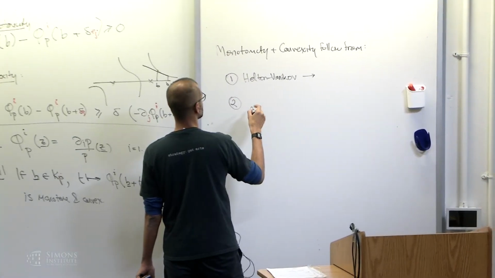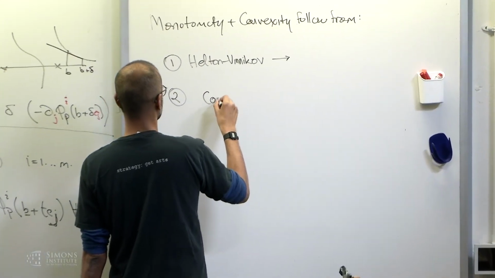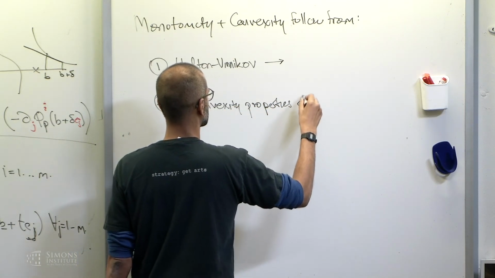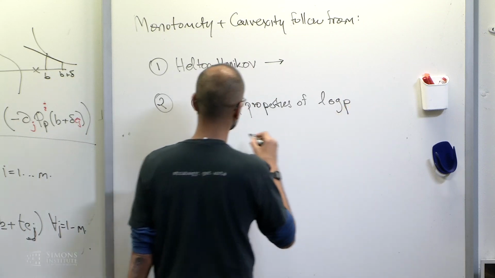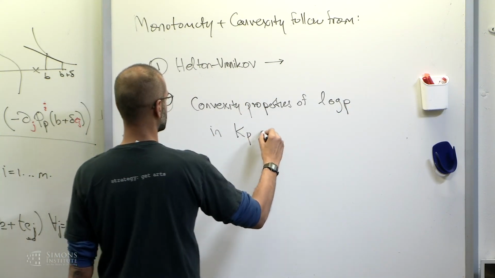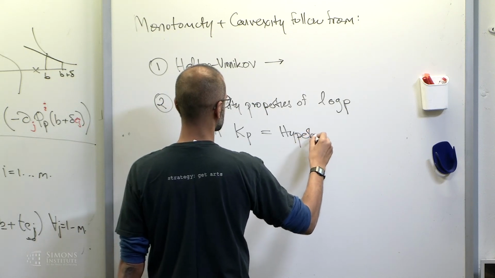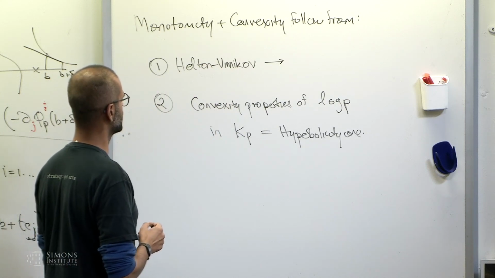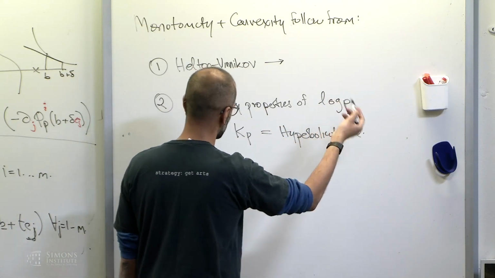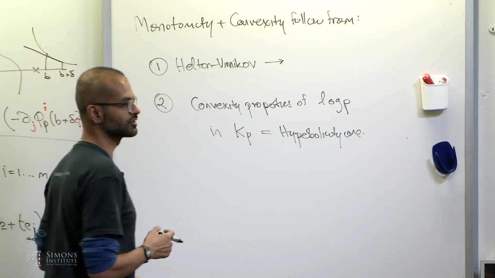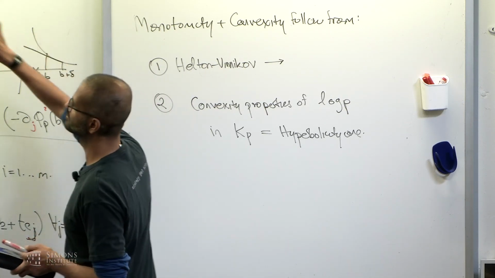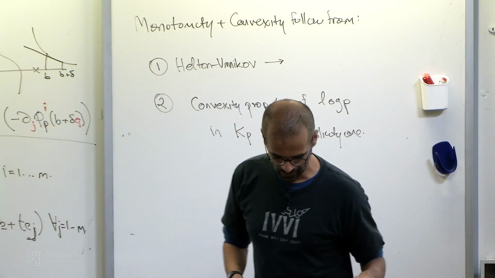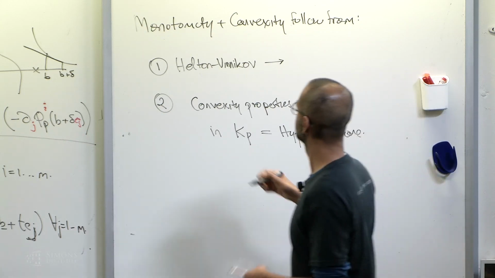And the second is convexity properties of the function log p in the set Kp, which is actually the hyperbolicity cone of the polynomial p, and this follows from results in hyperbolic optimization. I don't have time to talk about it, but the only new thing you need is these monotonicity and convexity statements. You can use either.